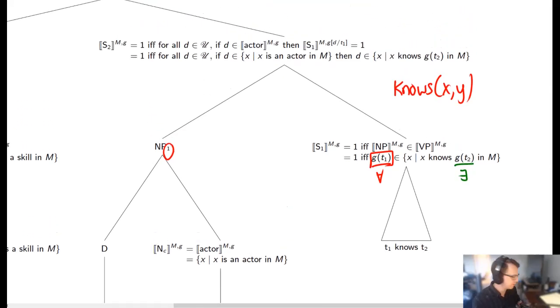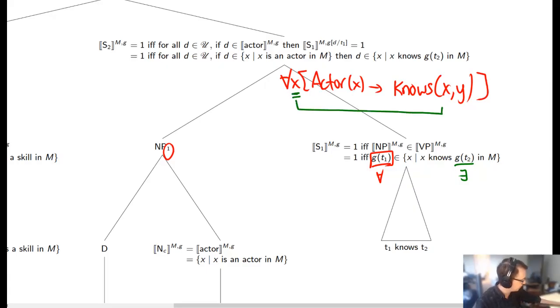So what we're doing at this node is we're binding the X. We're saying for all X, if X is an actor, then knows X, Y. So basically we're doing this bit of binding here. We're binding our X's. That's what's happening at this step.